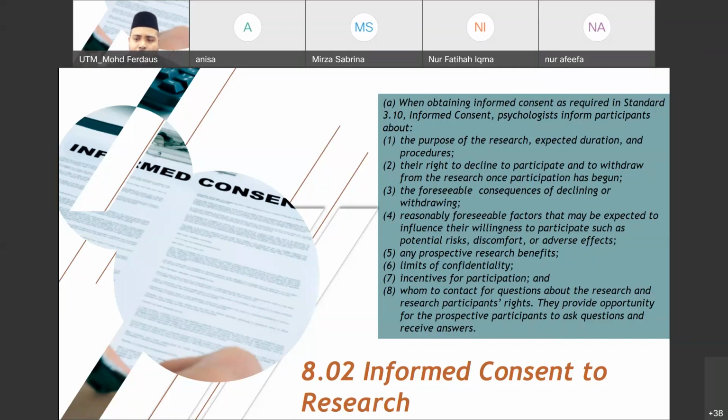Okay, next, reasonably foreseeable factors that may be expected to influence their willingness to participate, such as potential risk, discomfort, or adverse impact. Say for example, you are doing research about marriage, and one of the questions asks whether you have been dishonest towards your husband or your wife.